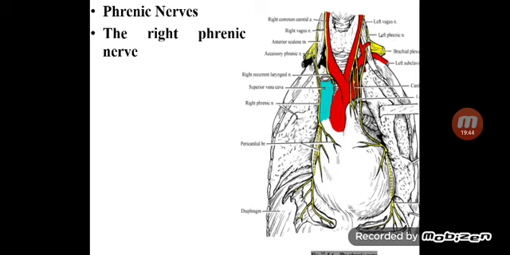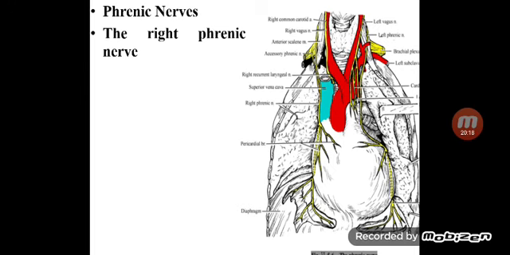The right phrenic nerve, if you look at this slide, descends in the thorax along the right side of the right brachiocephalic vein and superior vena cava.